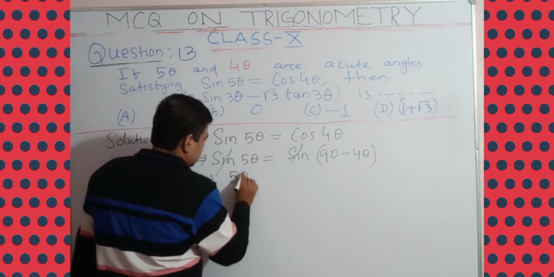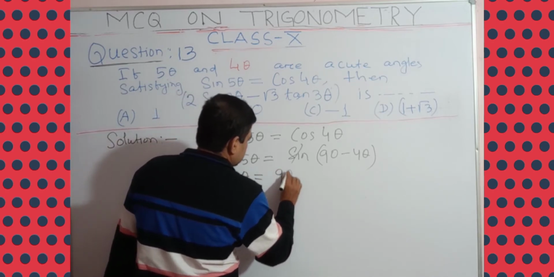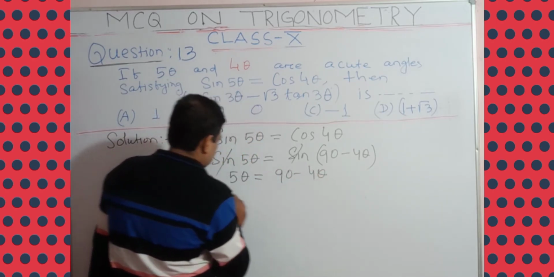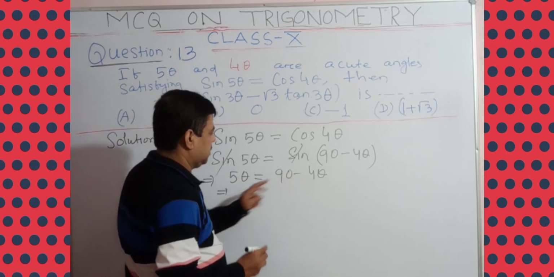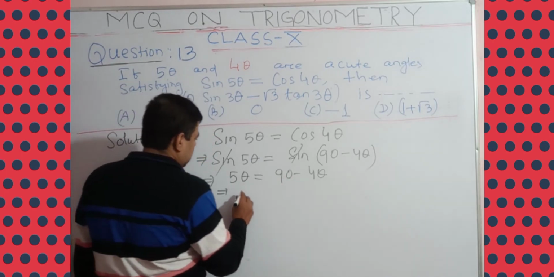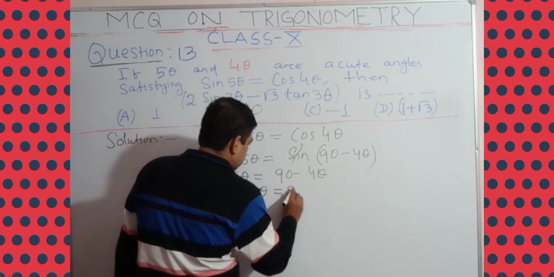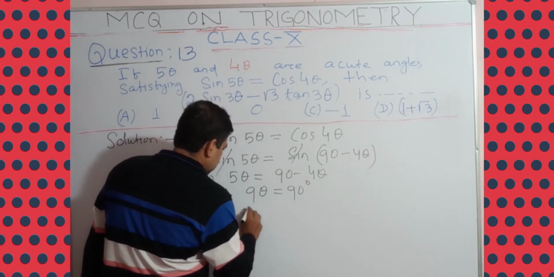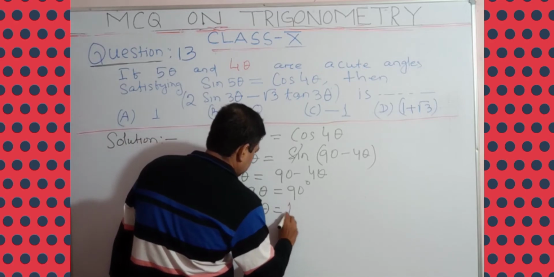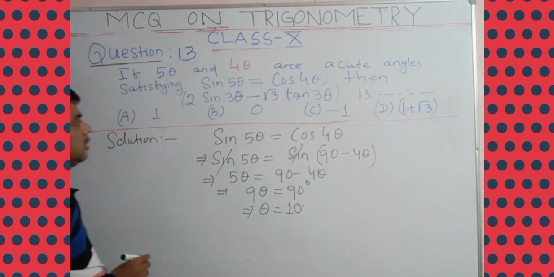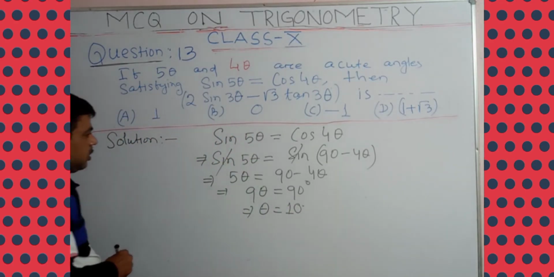So 5 theta is equal to 90 minus 4 theta. Here minus 4 theta will be transposed, it will be plus 4 theta, and 5 theta plus 4 theta is 9 theta. So 9 theta is equal to 90 degrees. So theta is equal to 10 degrees. We got the value of theta. Now use the required expression.